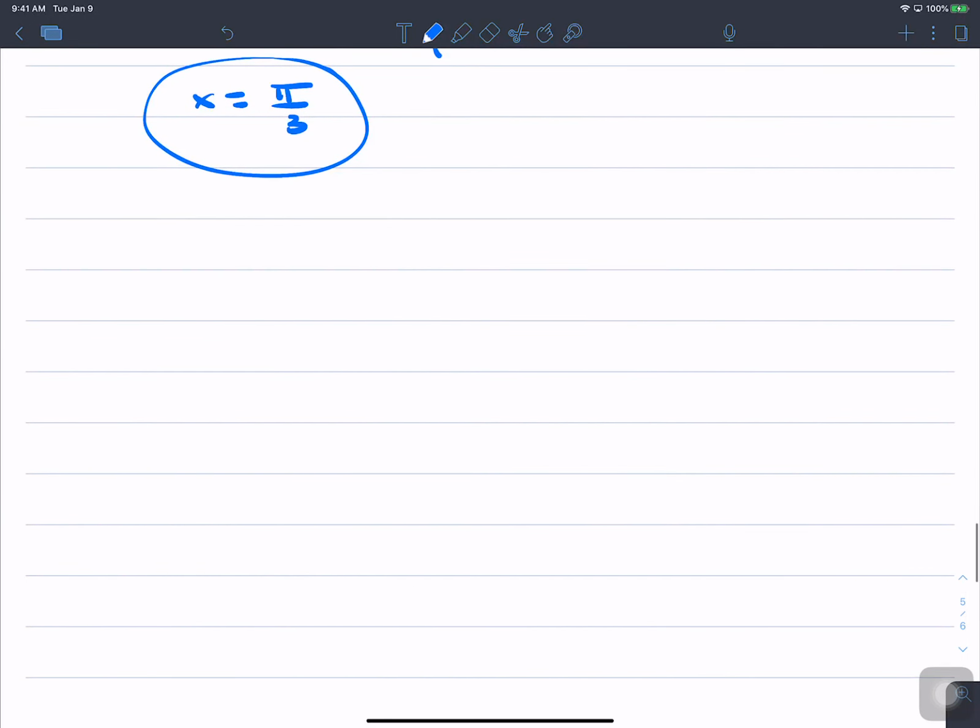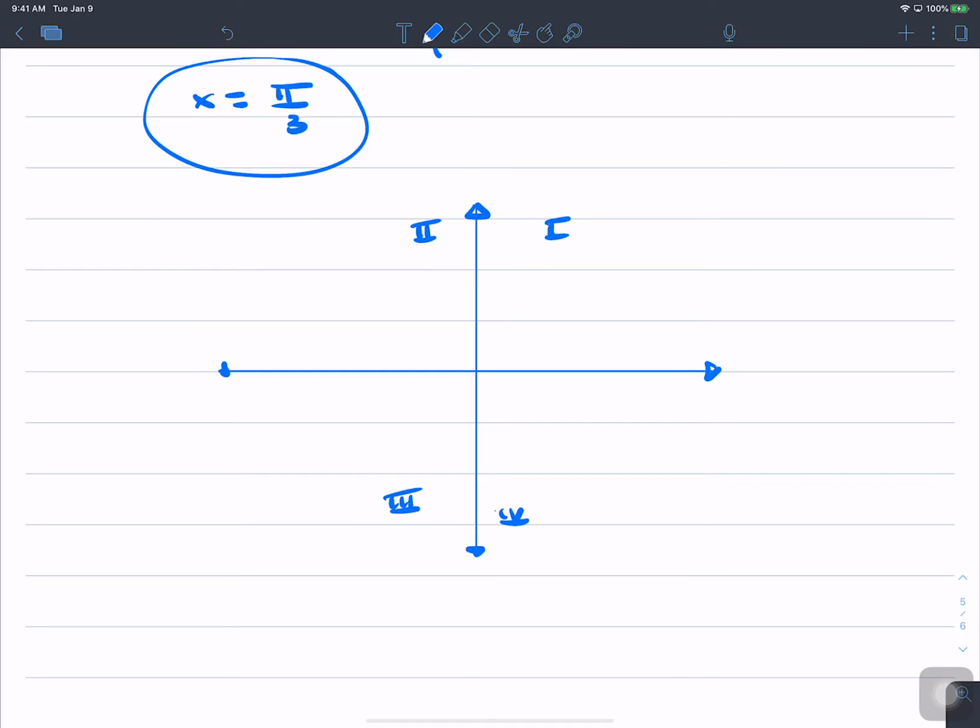And if we go and we say all students take calculus here, right? We're going to get every solution because they didn't restrict my domain here. This is an unrestricted domain. So quadrant 1, quadrant 2, quadrant 3, quadrant 4, all students take calculus.